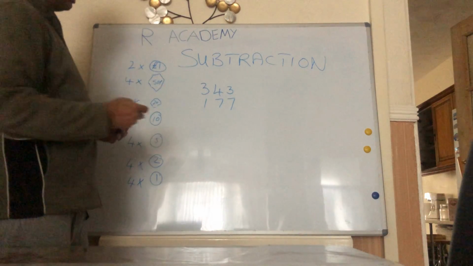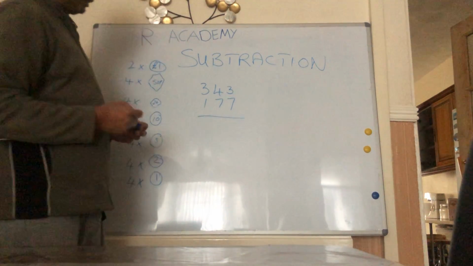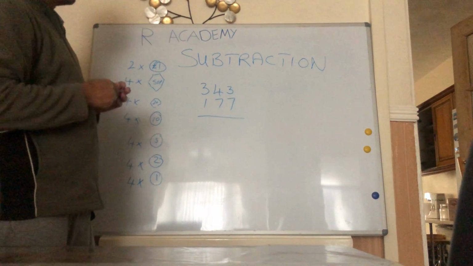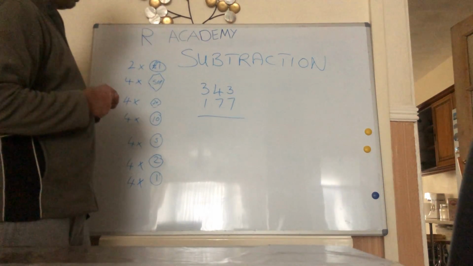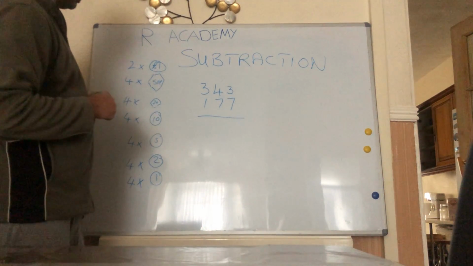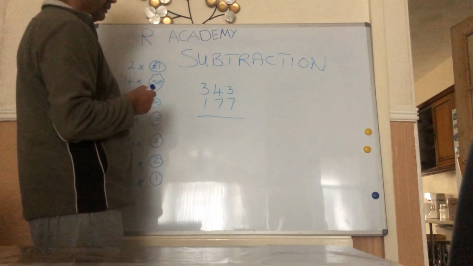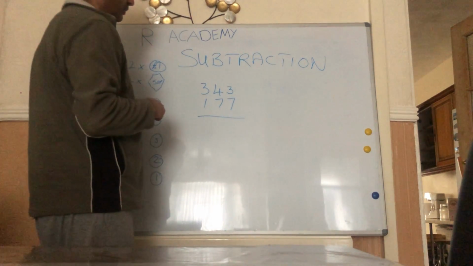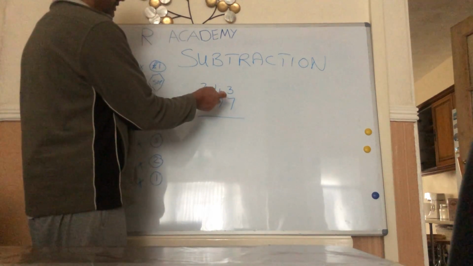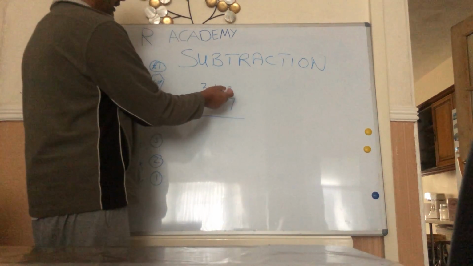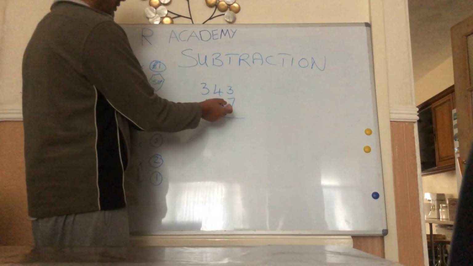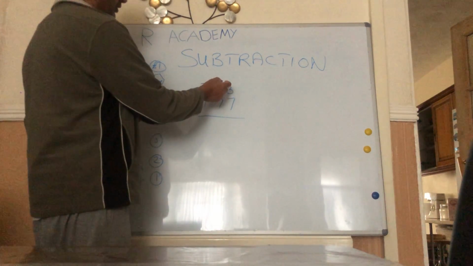And you could do the calculation in a slightly different way, which is old school. It's with preference, really. I think this way I prefer it because it's easier for me, but it might not be easier for you. So basically you've got 3 minus 7, can't do, so it has to be 13.